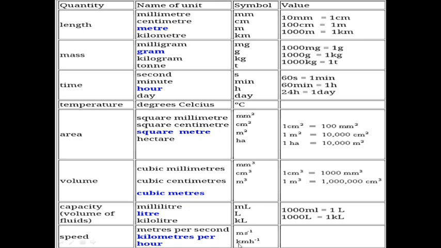And for kilometer per hour, the symbol is given km h raised to the power -1, but we have to read it as kilometer per hour.